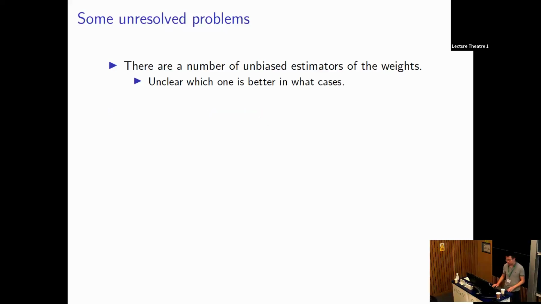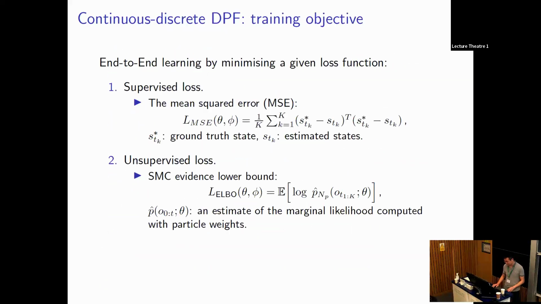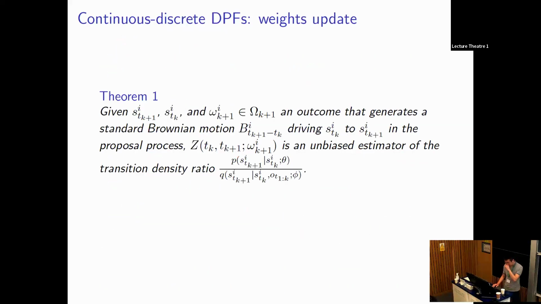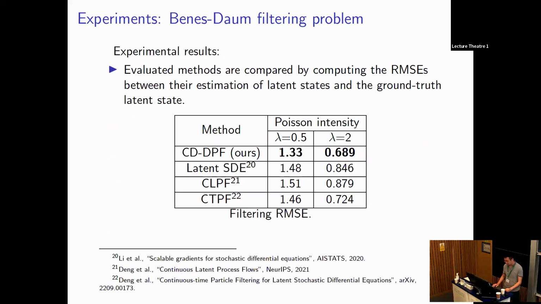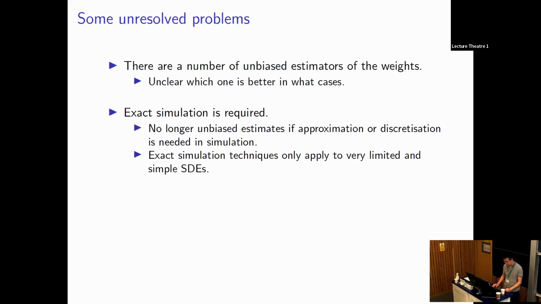Also, in terms of the theorem that I really didn't get a chance to talk about, that Xiong derived to show that this will indeed give us an unbiased estimator, it is based on the assumption that we can perform exact simulation of those neural SDEs. However, in reality, you need to have discretization, so it will not be exact, and those theoretical results actually won't apply.